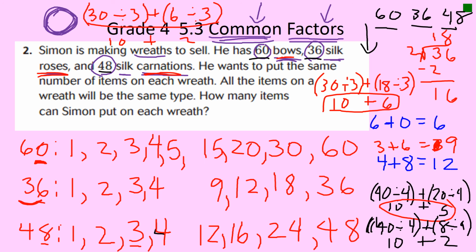So 5 times 12 must be 60, right? So look, 5 is not a factor of 36, and it's not a factor of 48, because look at that ones place, 6 and 4, right? Now look at my list for 60. I've completely run out of space.